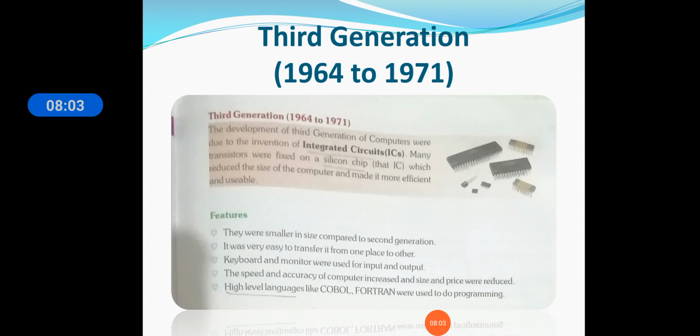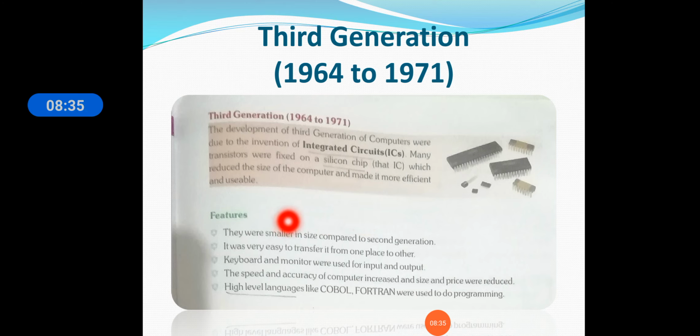Now students, see here, the third generation computer was made of integrated circuits. Many transistors were fixed on the silicon chip. Because of the silicon chips, it was efficient and usable. So ICs were introduced, and it was small in size compared to the second generation computer.